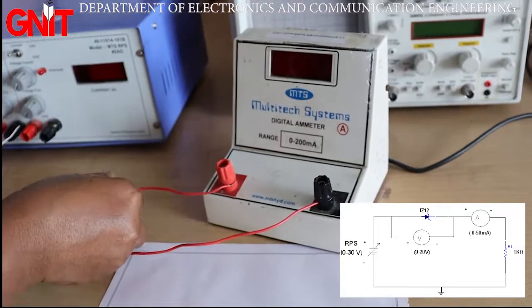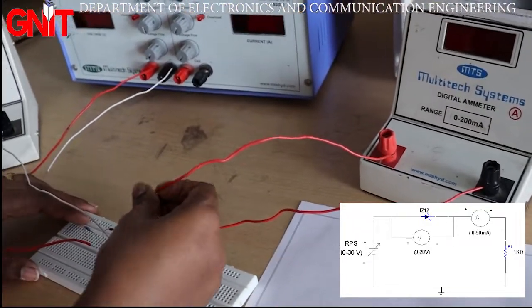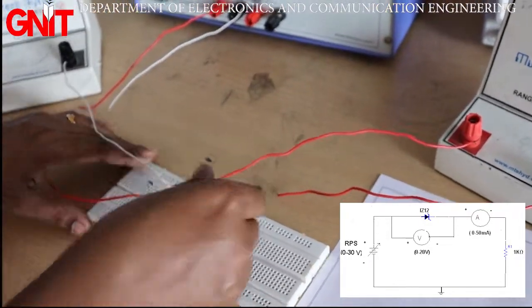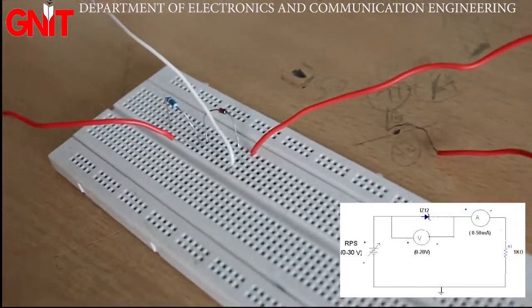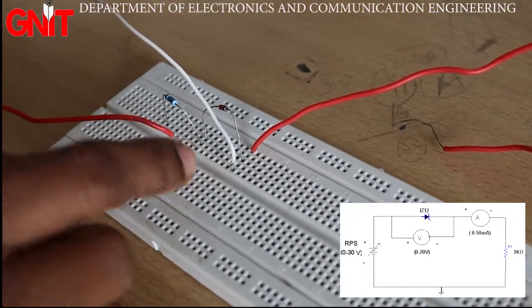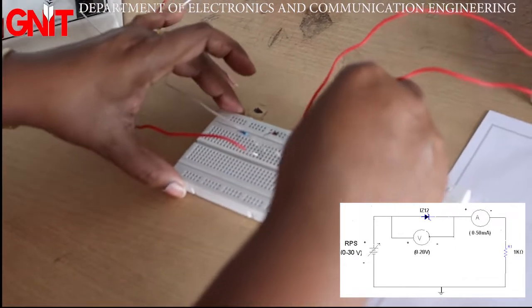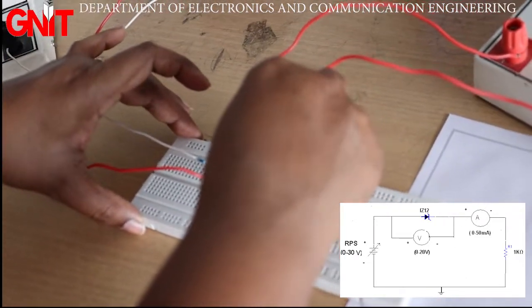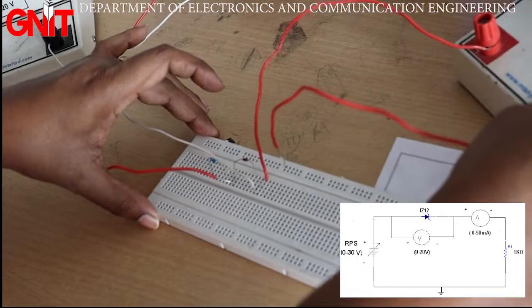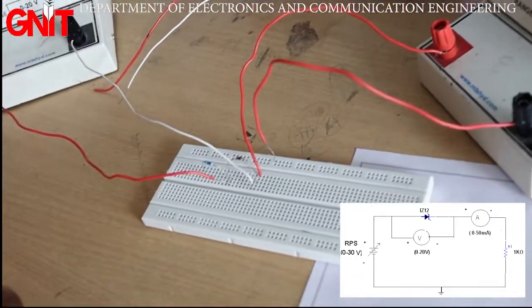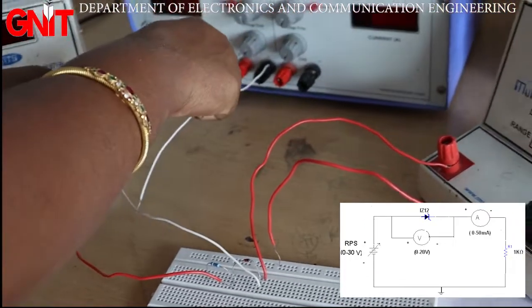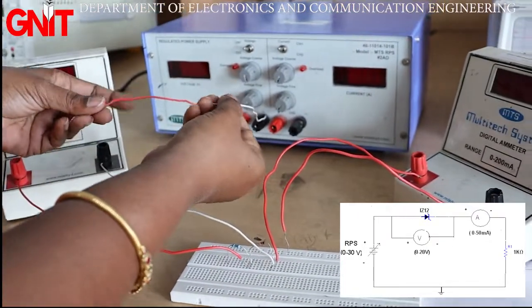Then the ammeter positive terminal is connected to the cathode of the diode, and the negative terminal of the ammeter is connected to the ground. And for the external voltage, this is the positive terminal and this is the negative terminal.